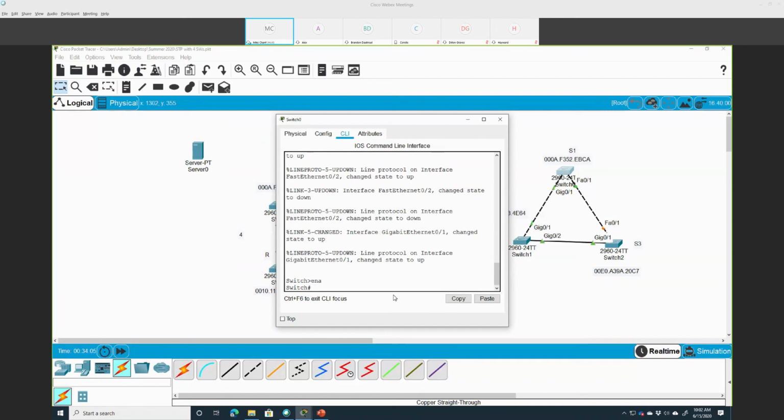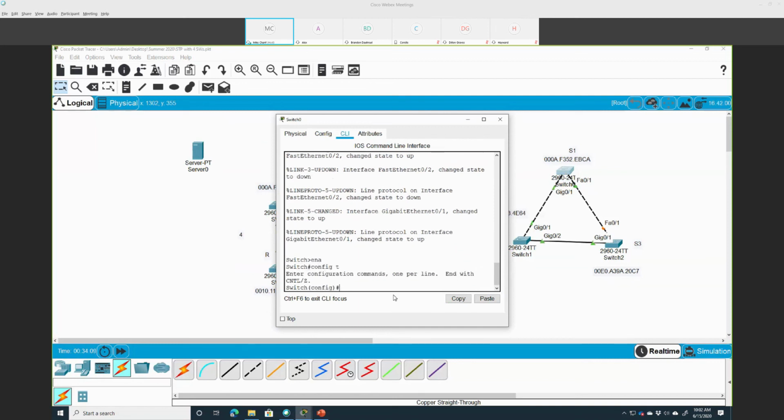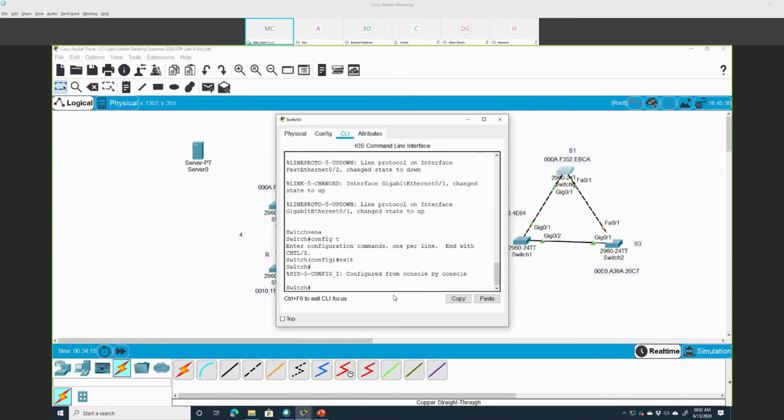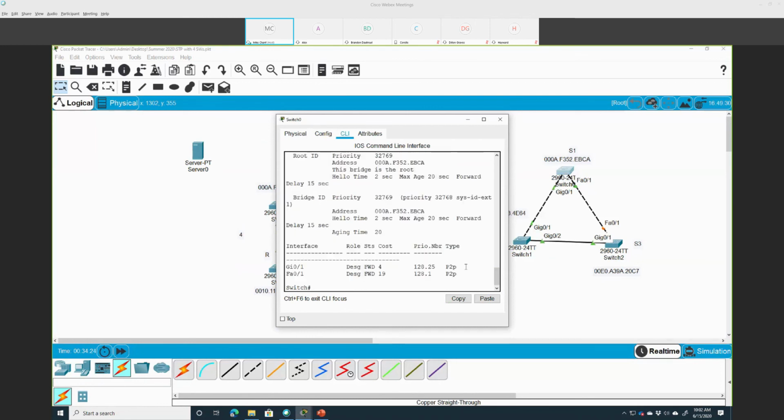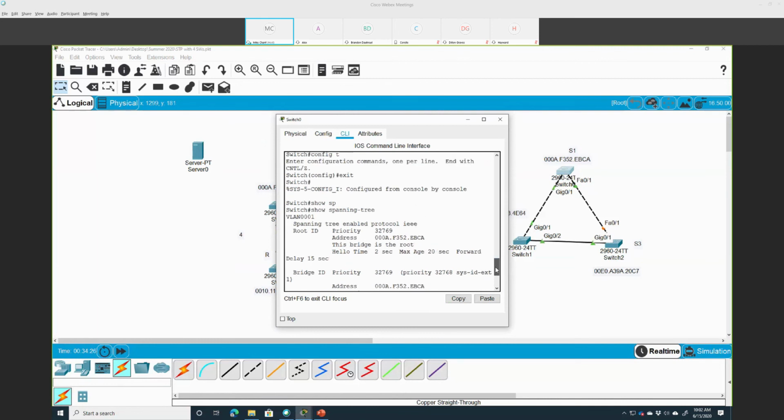Okay. So we go right here to enable, config T. And what are we going to do right here? No, we're not doing config T. We're going to show spanning tree. Okay. So what you see over here, root ID 32769, which is the same as the other one.